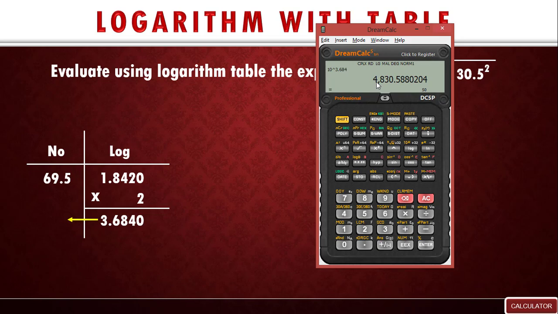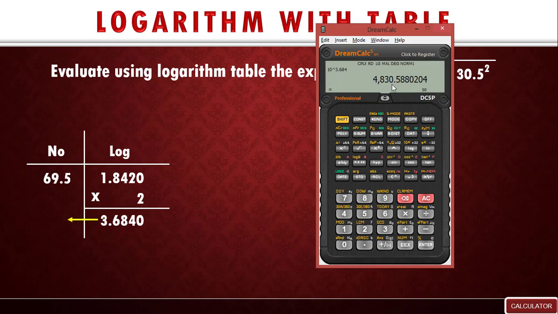That's giving us 4830. Then if you look at the numbers before it, this number, the antilog number, was supposed to be 4 digits. So all we need to do is to approximate these numbers to the last 4 digits.